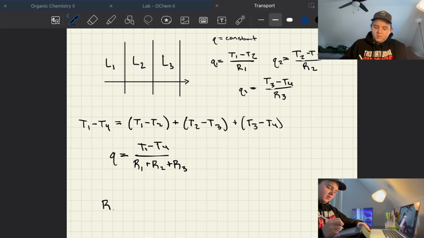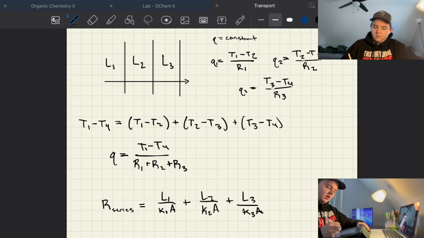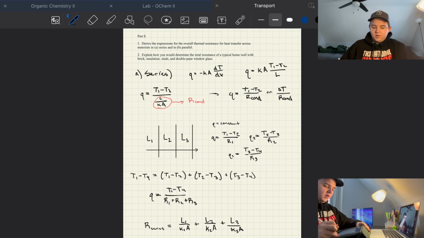And so our final answer here should be L1 over K1A plus L2 over K2A plus L3 over K3A will equal our series resistance.